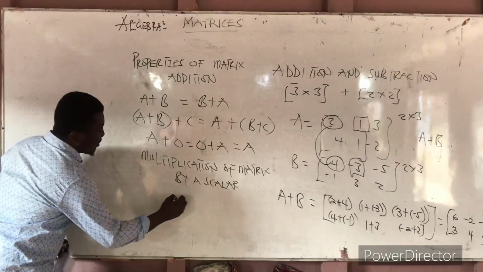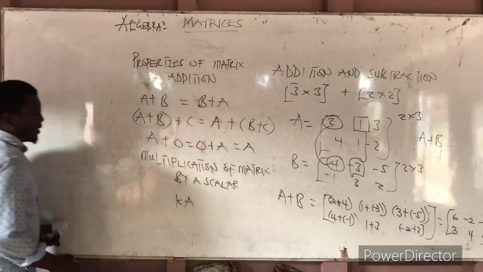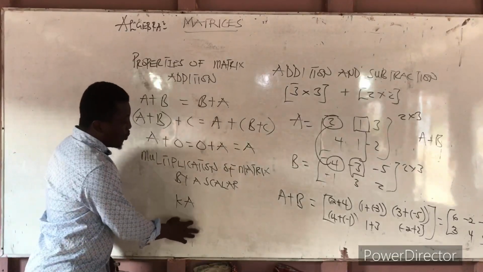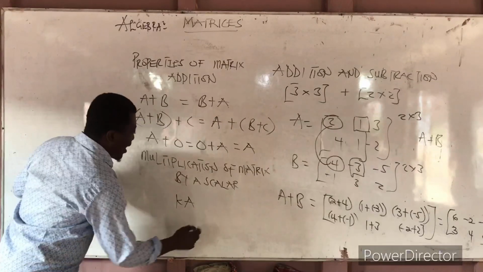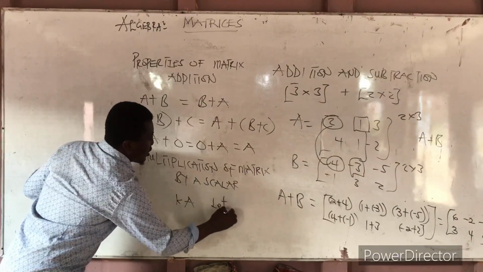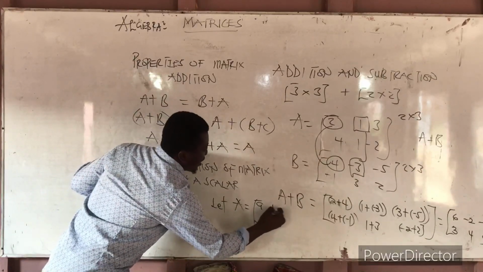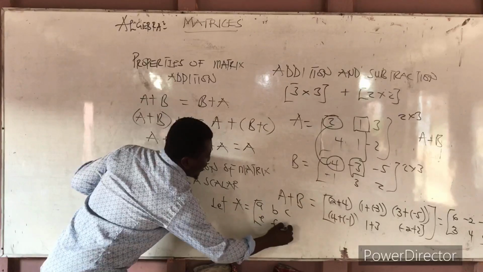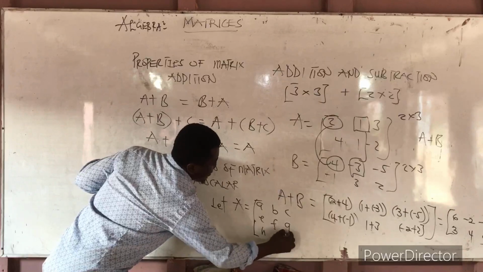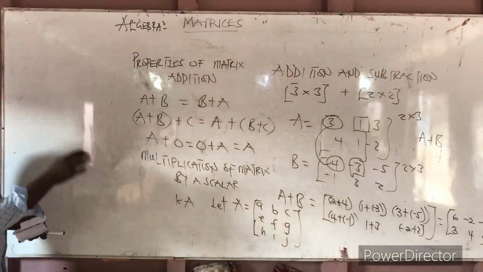For example, if you have matrix A and you are multiplying matrix A by a scalar K, K is going to multiply each of the individual components of A. So let's say A is equal to A, B, C, E, F, G, I, J. So this is our matrix A.